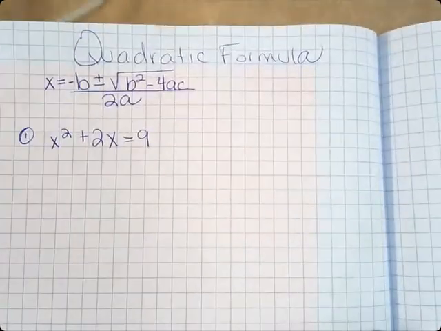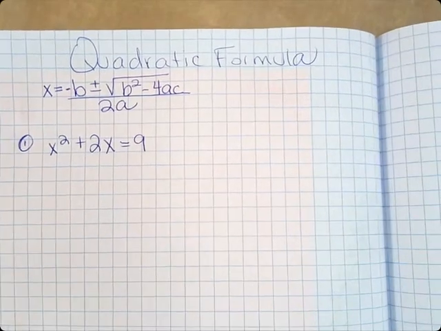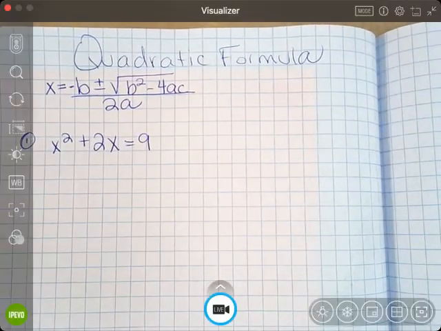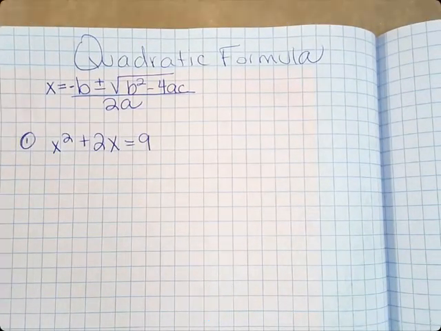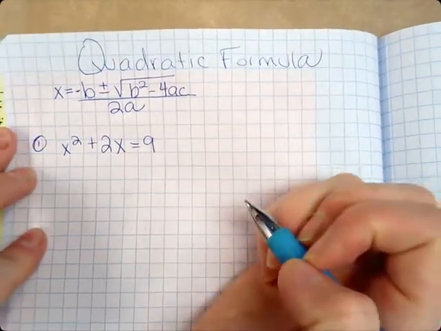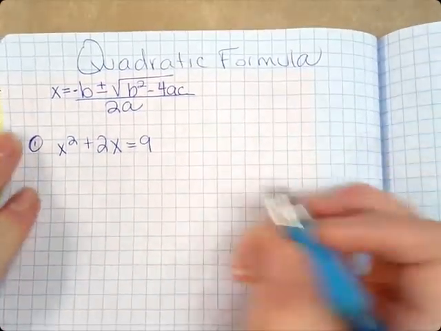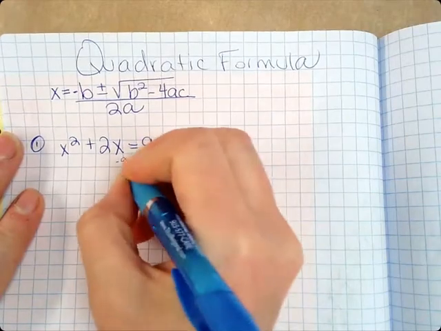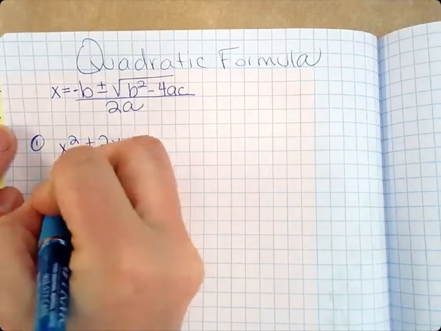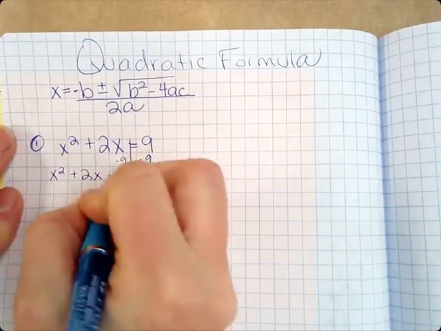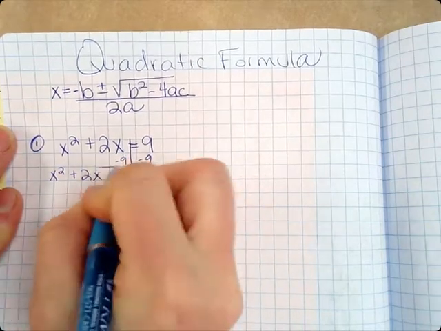So we don't know what A, B, and C are just yet. We need to solve it so that everything is on the left side and it's equal to 0. So we move this to the other side. We get x squared plus 2x minus 9 equals 0.